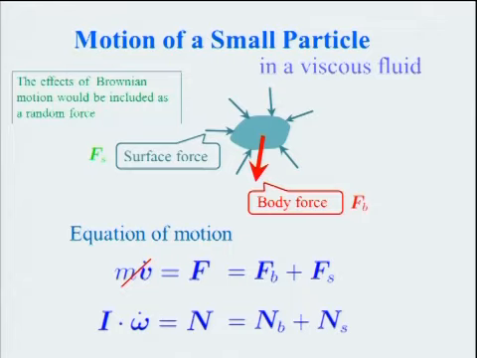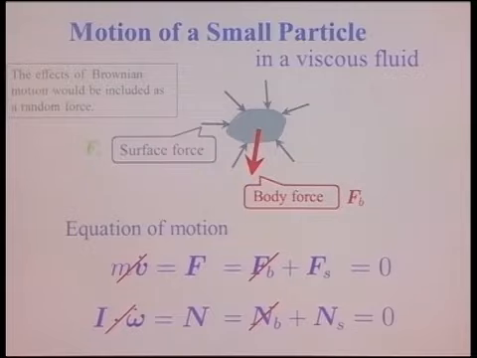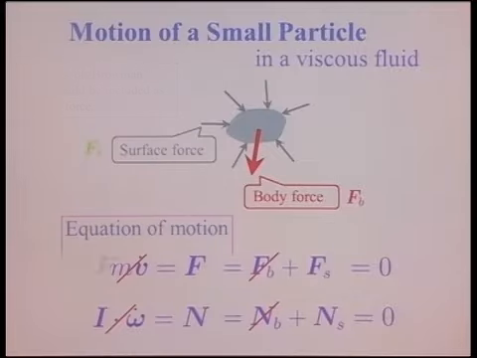And if the particle is very small, this term can be neglected. This is proportional to the volume of this particle. This is smaller than the surface effect. So we can neglect these terms, and also we can neglect these two. And so the equation of motion is very simple. So this is a fundamental one.